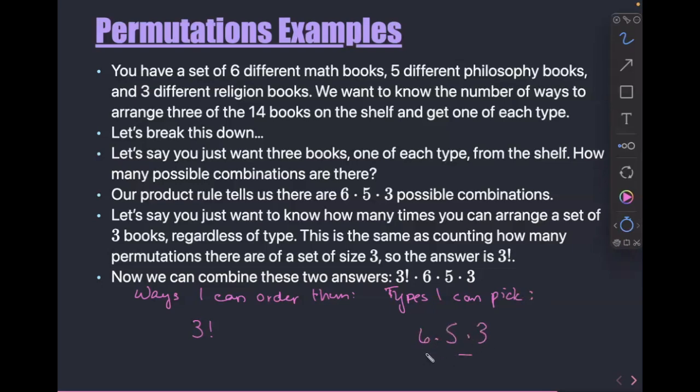So this was my product rule, and this was my permutations. And so I can just multiply these together to get the total number of ways I can pick a different type and order it, right? So I'm just combining these two options.